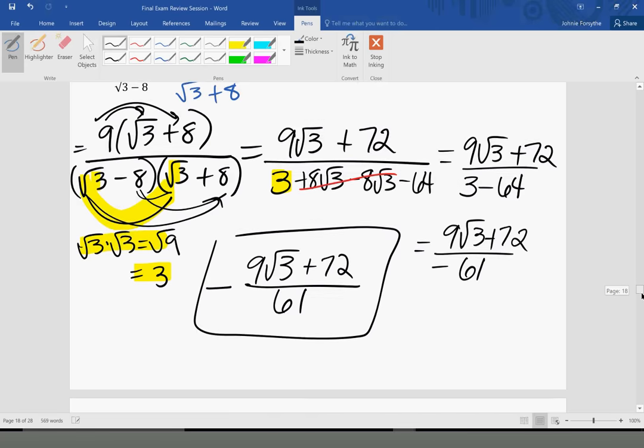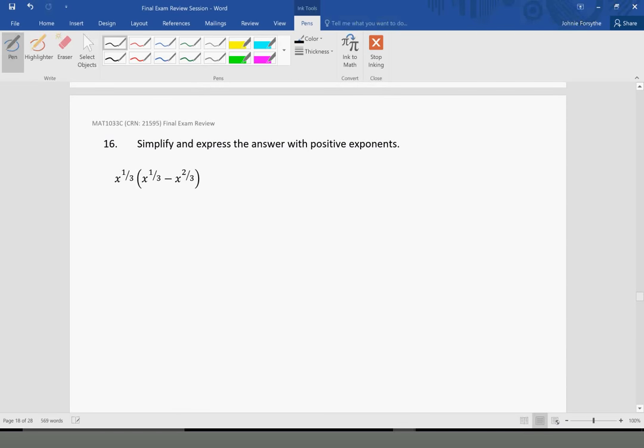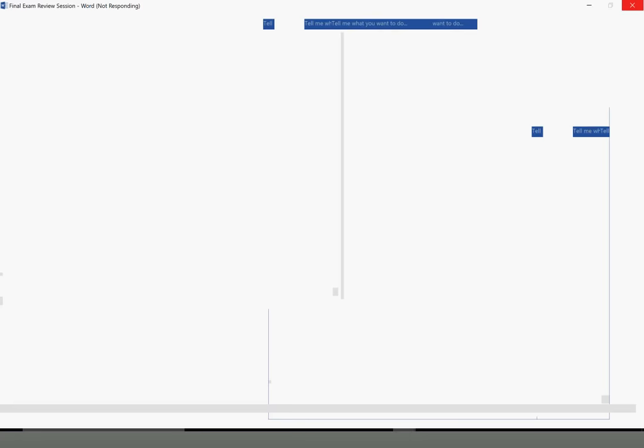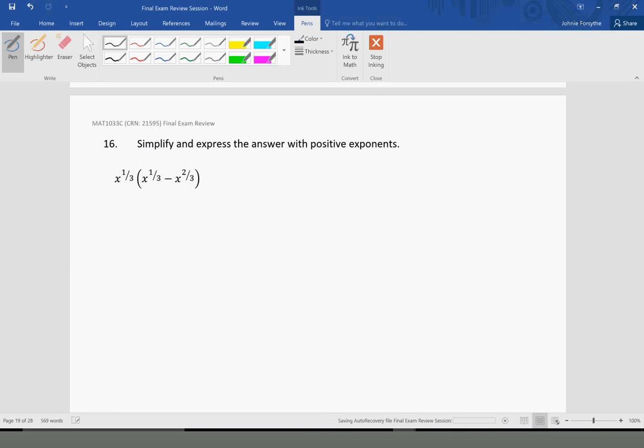All right, let's keep going. 16, simplify and express the answer with positive exponents. So we have x to the 1/3 times x to the 1/3 minus x to the 2/3. Okay, so we're going to distribute.